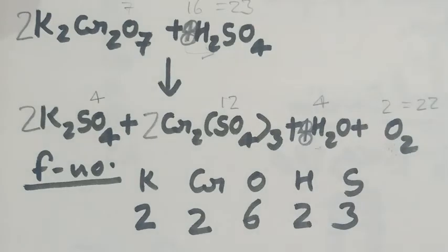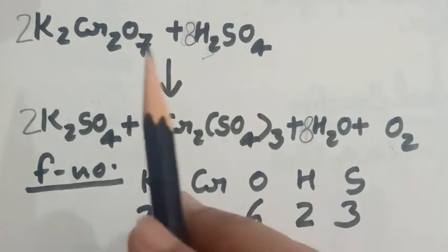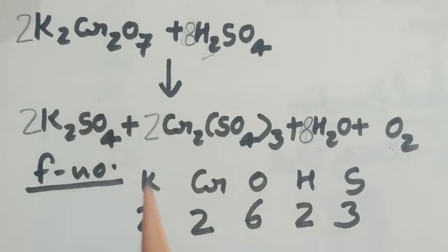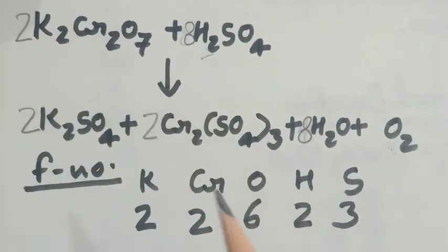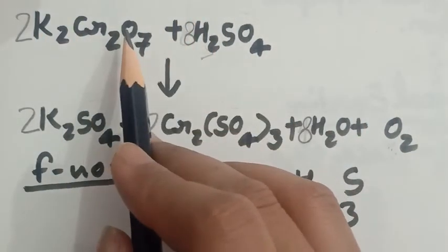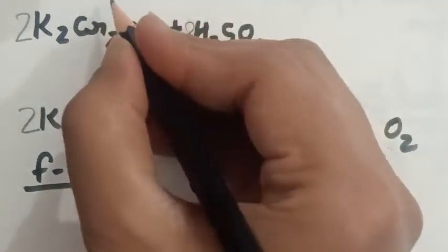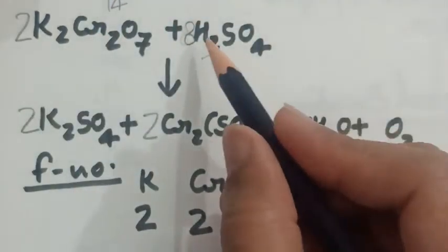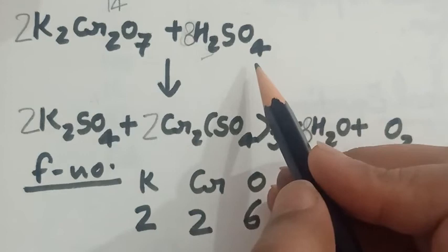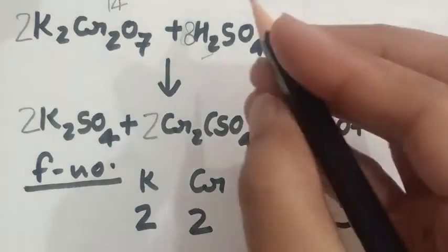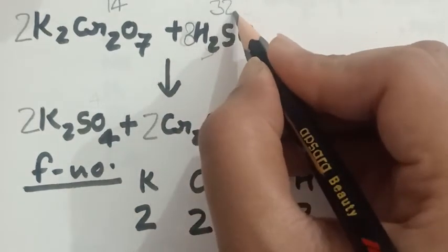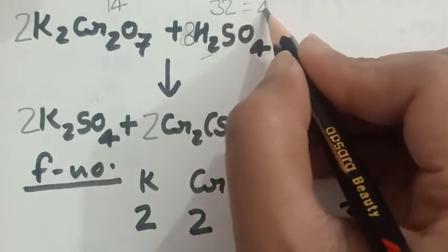Now recounting the oxygen number once again. Towards the reactant side, how many oxygen are there? 7 times 2 is 14, so here 14, here 8 times 4 is 32, so 32, total number 46.